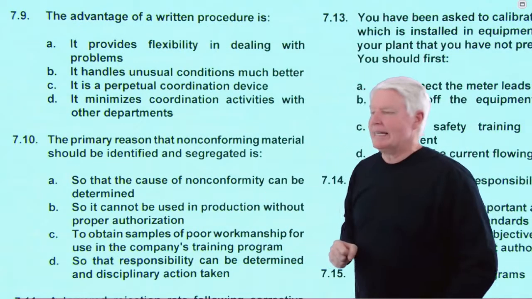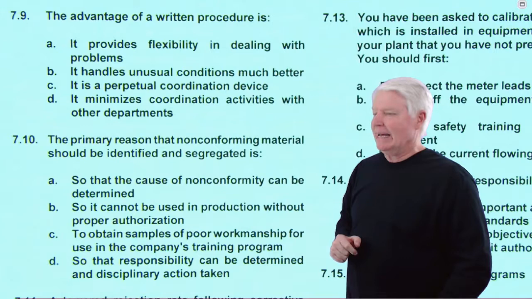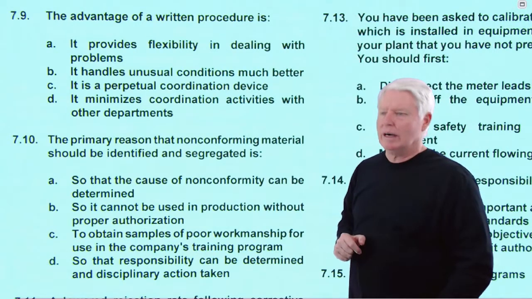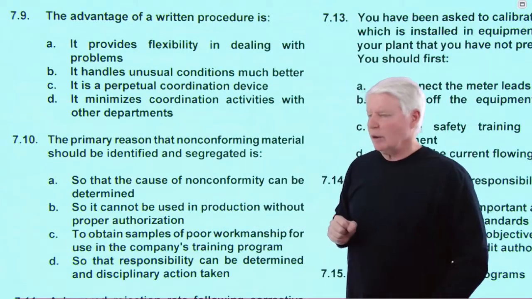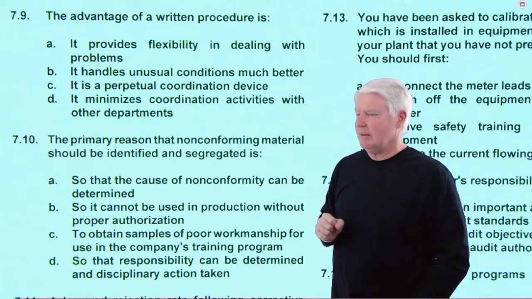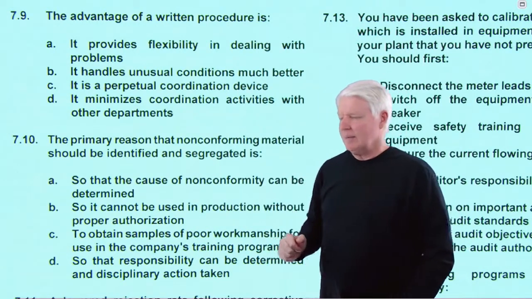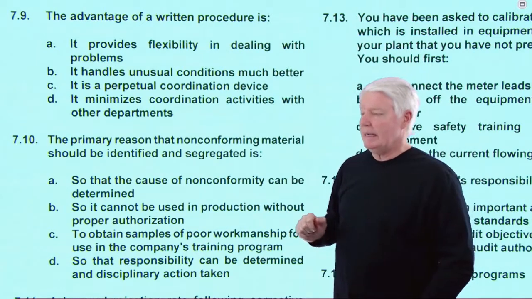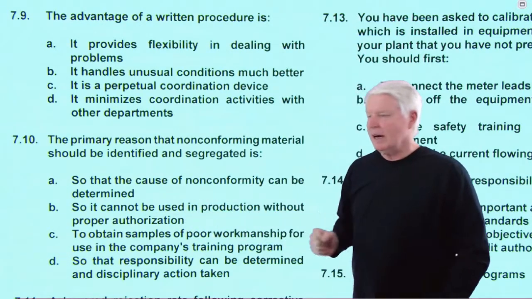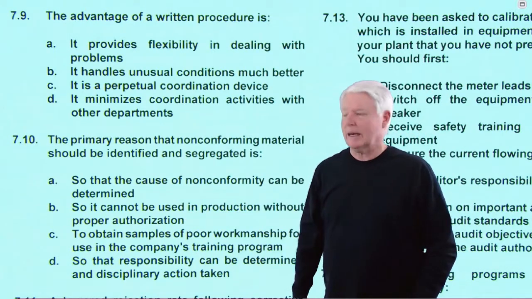The primary reason that non-conforming material should be identified and segregated is to do what? To keep it from being used in the process, so that the cause of the non-conformity can be determined. No, the primary reason for segregation is not to determine the cause of non-conformity. That may take place in the MRB team or something. So it cannot be used in production without proper authorization. That will be the correct answer.